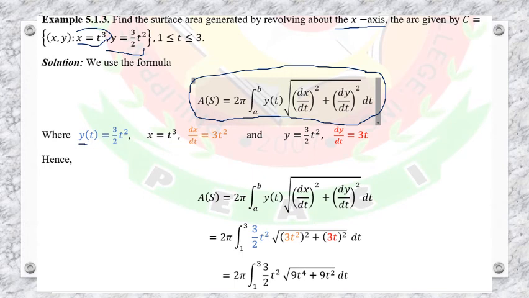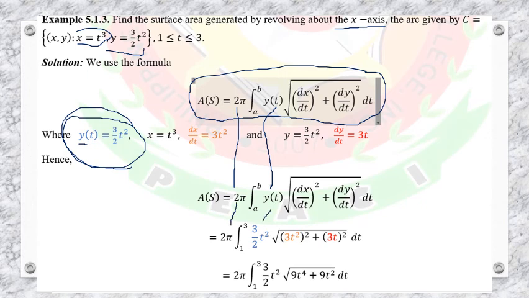Okay. So, si 2 pi, constant yan. Si y of t, okay, ang gagamitin natin is yung y in terms of t. That is 3 halves t squared. Tapos, ito siya. Okay, si y of t class, kinuha yan dito sa given natin na arc. Kung x of t naman, ang gagamitin ninyo is yung parametric equation in terms of t.